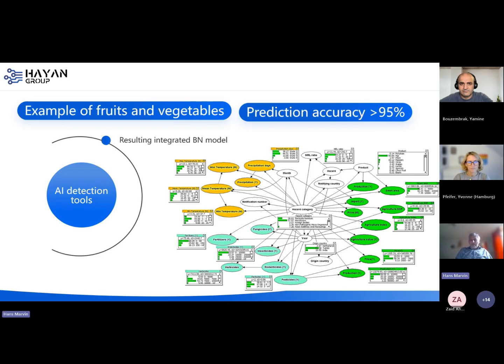As I told you, scenario analysis is very attractive because you can assume a specific change in one of these parameters, let's say the climate, assuming that next year the forecast of the maximum temperature will be 2 degrees higher. Then you can fill in that assumption in the parameter, and directly see the impact of that change on the prediction of the hazard category, which hazard it will be, but also the impact on other parameters.